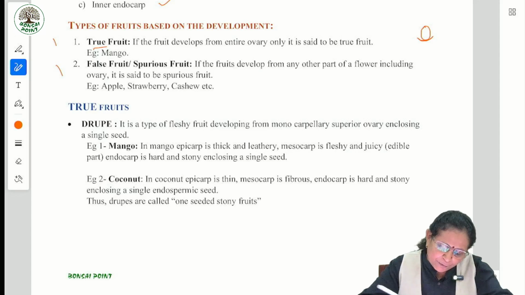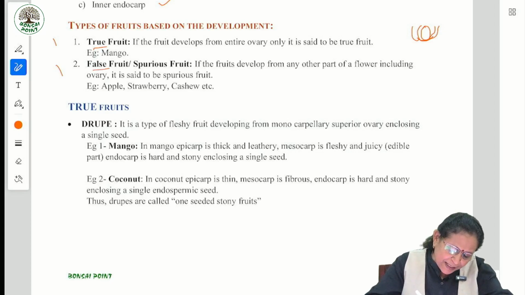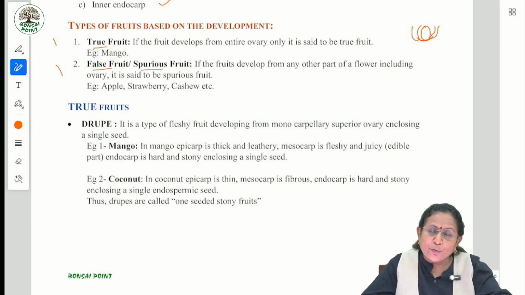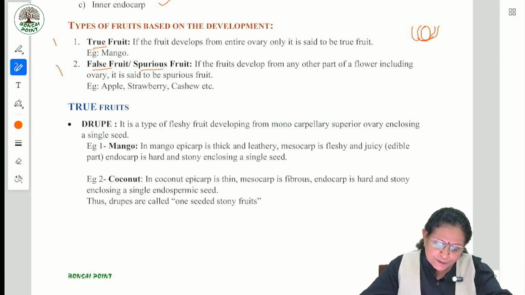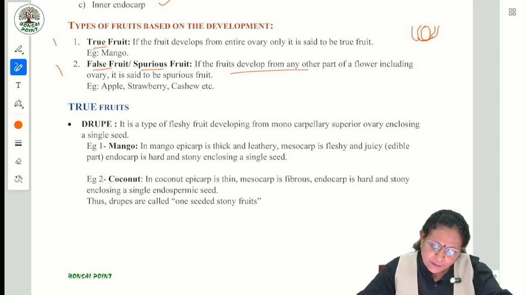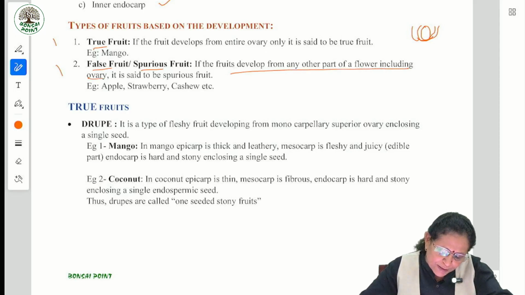But if the fruit develops from any other part of a flower like calyx, corolla, perianth, or sometimes even the thalamus, it is said to be false fruit or spurious fruit. Example, apple, strawberry, cashew, etc.